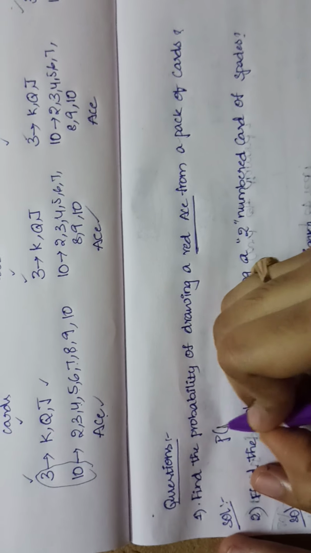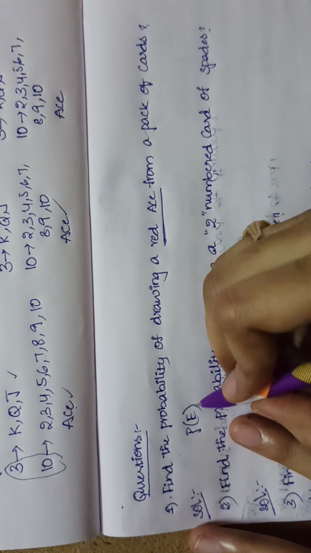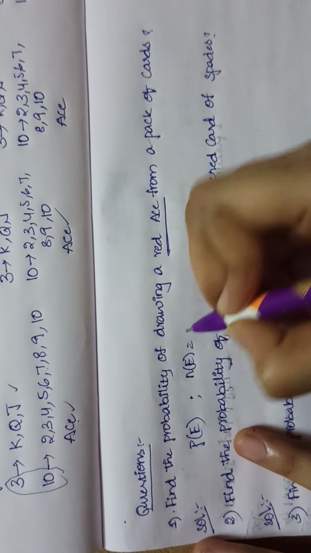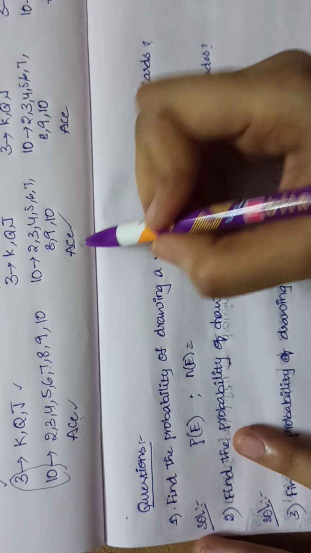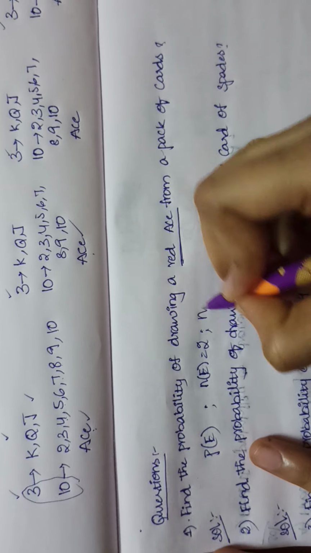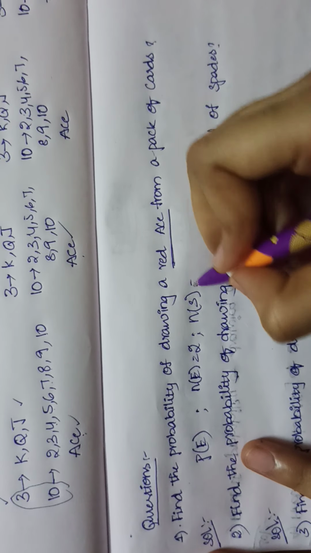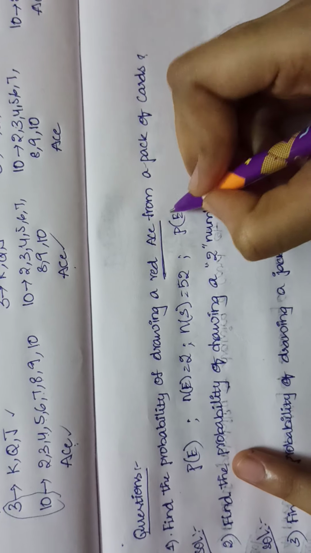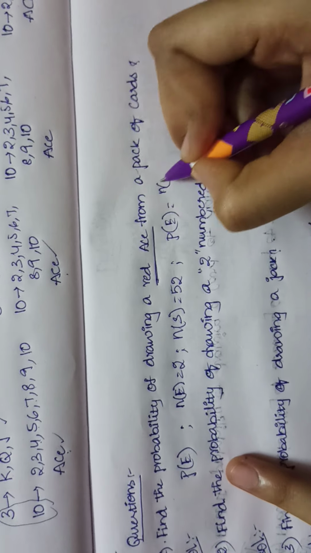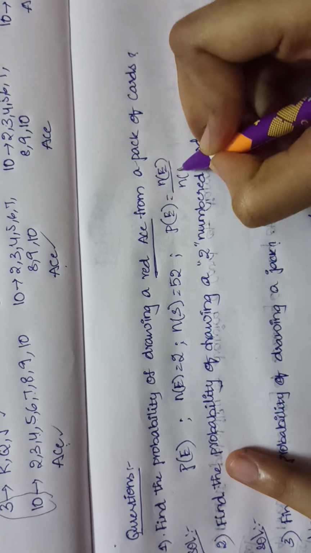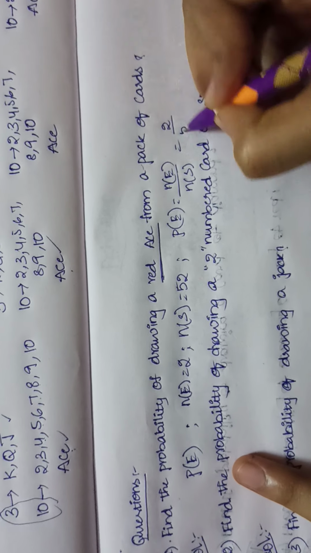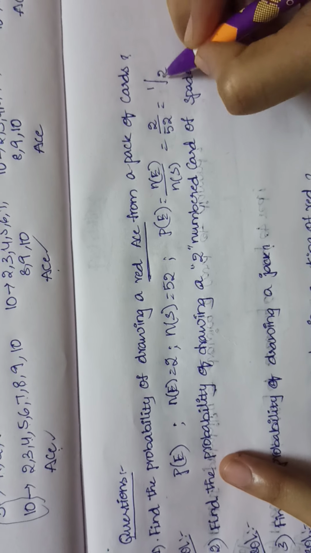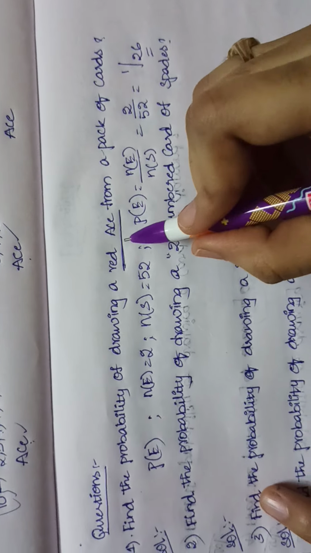P(E) is the probability of getting a red ace card. Now n(E) means the number of red ace cards. Here one and here one. So there are two. And n(S) represents the sample space. So there are 52 cards. Now P(E) is n(E) by n(S). So 2 by 52. What do we get? 1 by 26. In this way we have to solve this.